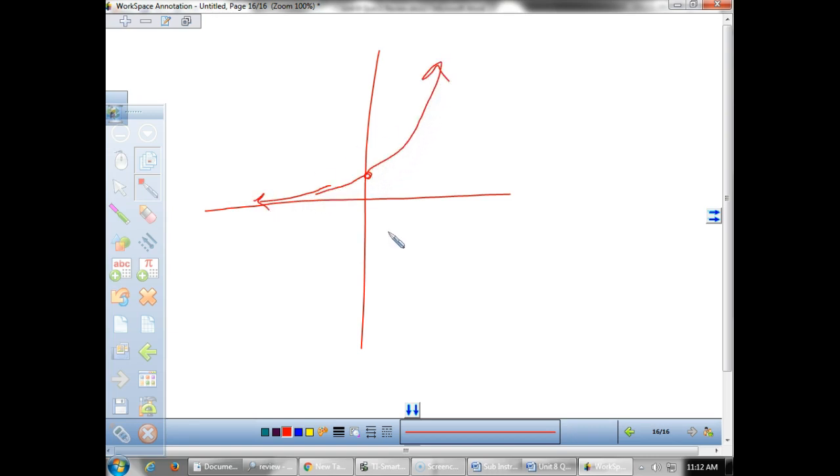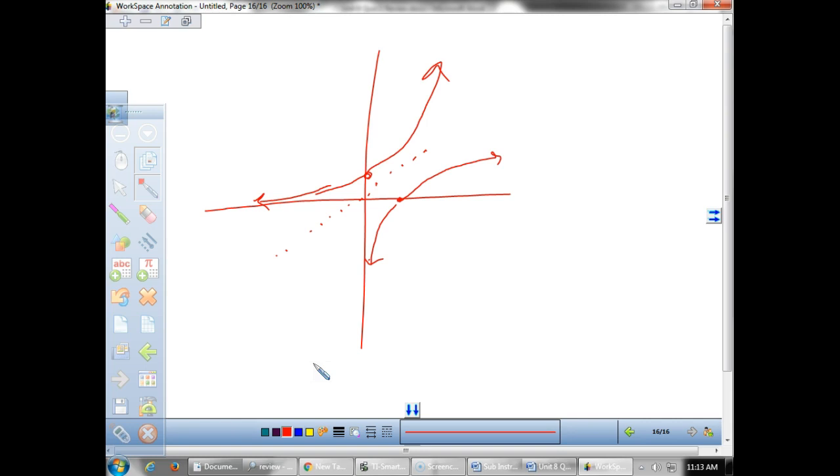And then the log graph is reflected across the line y is equal to x, because they're inverses of each other, and it looks something more like this. It's not the best job, but you get the gist of it, right? So that's the only time we're talking about reflecting over the line y is equal to x. And it's only a conceptual thing so that y'all know that logs and exponentials are inverses.